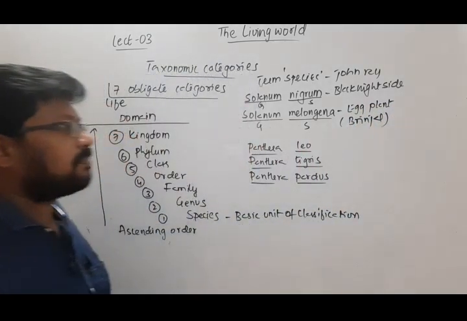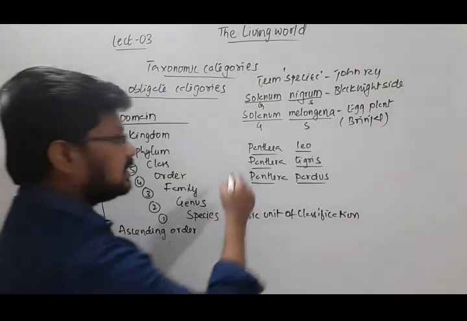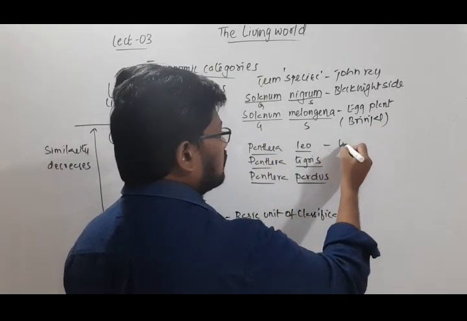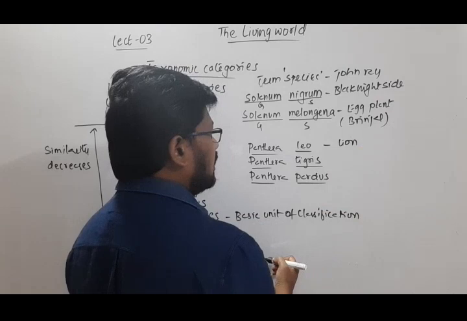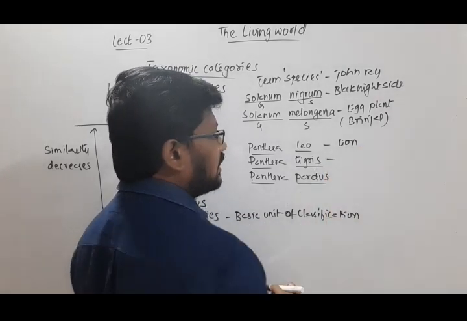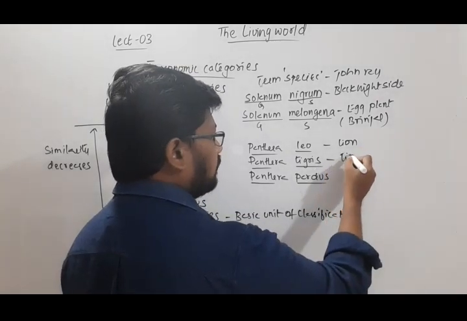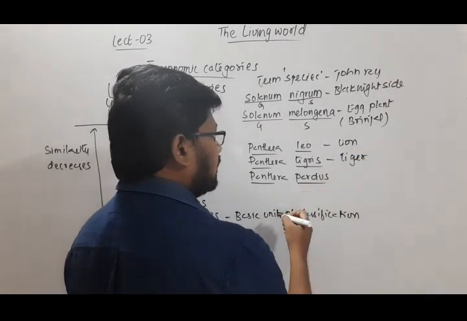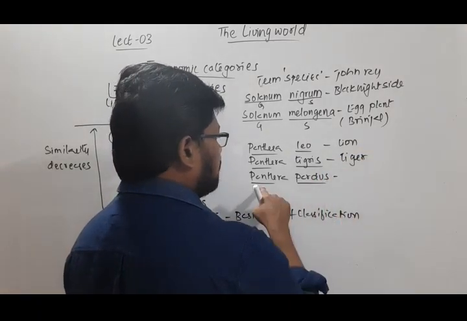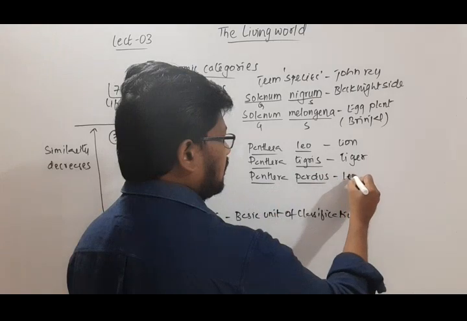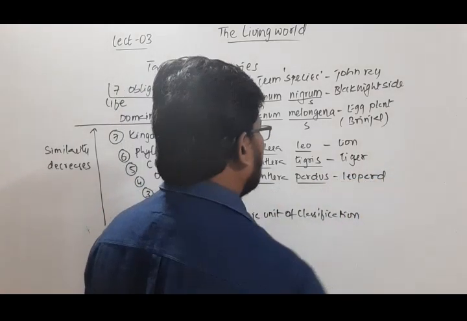Panthera leo is the scientific name of lion, Panthera tigris of tiger, and Panthera pardus of leopard.